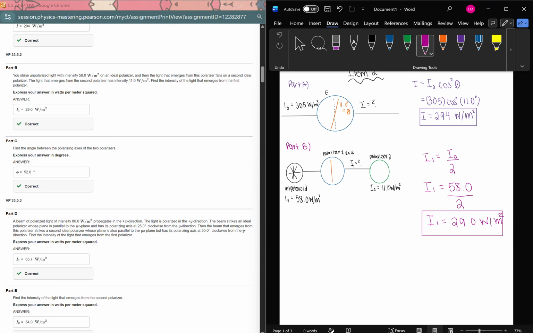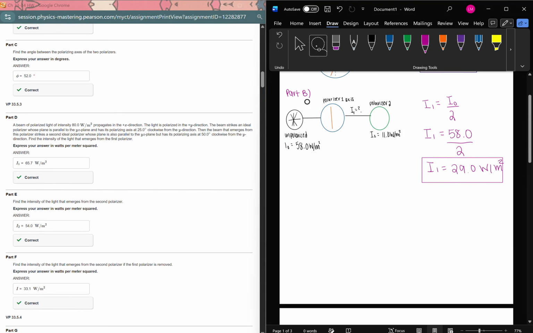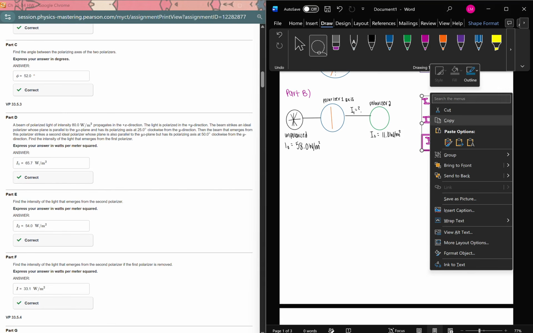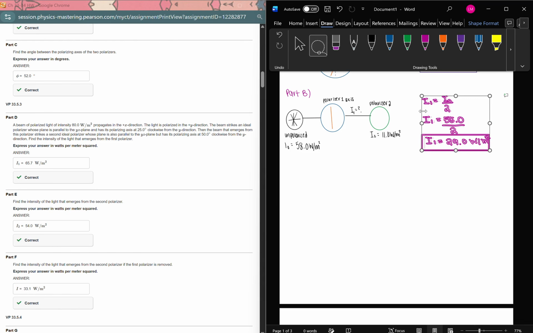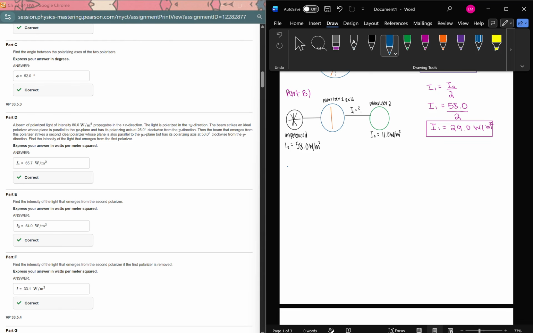Okay. So now let's move on to part C. Find the angle between the polarizing axes of the two polarizers.